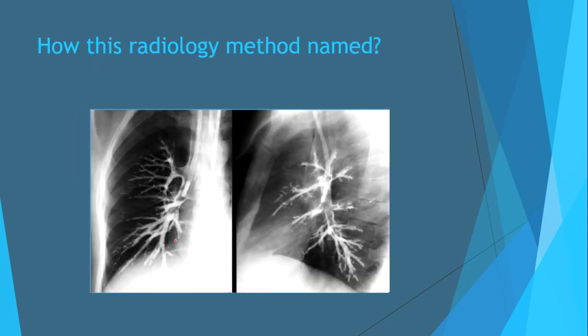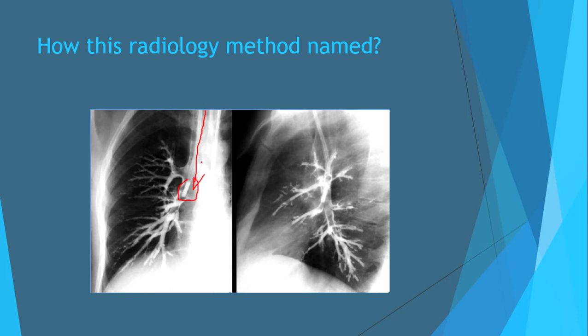And a couple of different radiology methods. I give you a couple of seconds to understand what you see in this picture and what the method is named. Okay, for those who look at this picture precisely, you can see the tube with the residual contrast material.